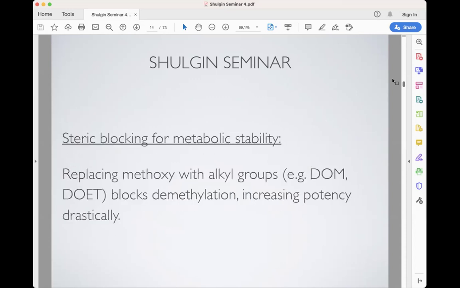And this is called here steric blocking. Maybe you could explain why it's called that way, why it gives metabolic stability, how and why it increases potency. This is on page 18 in the paper.